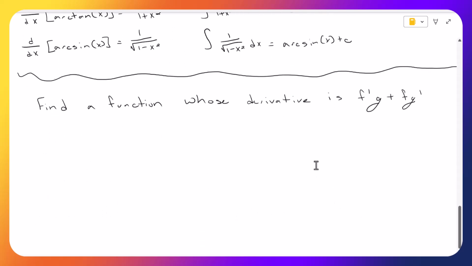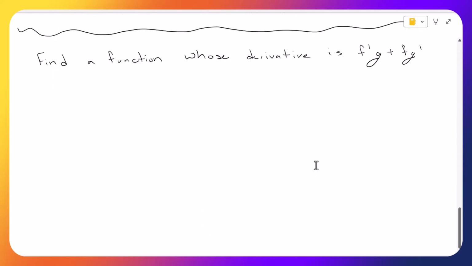Okay, so this is my first example question. We want to find a function whose derivative is f prime times g plus f times g prime. Well, this should look familiar to you. This should look like our product rule. So what function would give us a derivative of this? You can pause the video and give yourself a few seconds to try and figure it out.